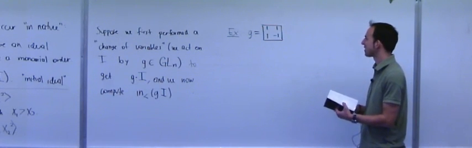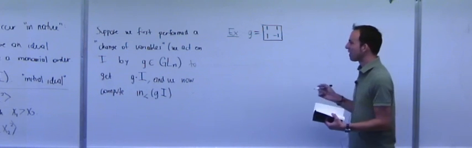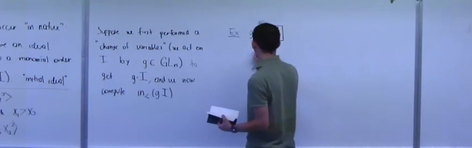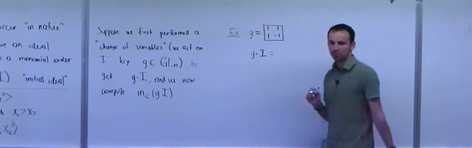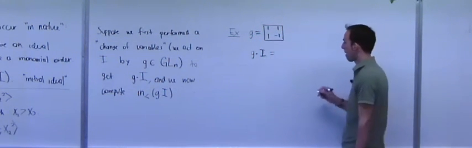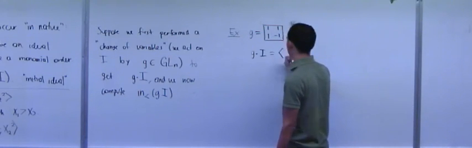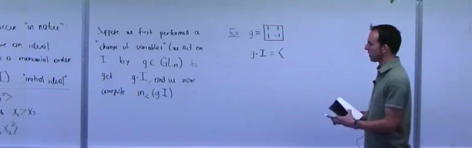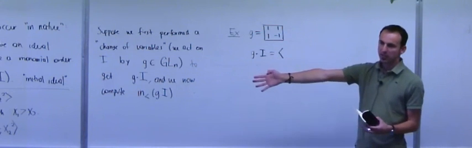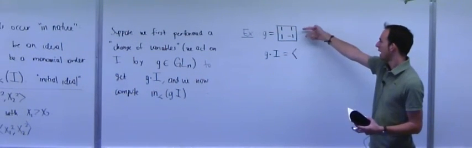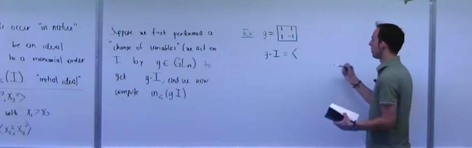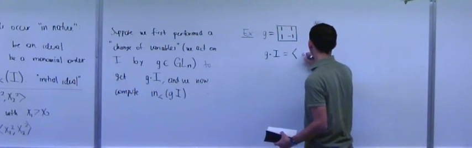It's just the same thing. Okay. So what happens when we do this? Well, what I'm supposed to do is take each one of the generators that I have over there and act like this matrix.